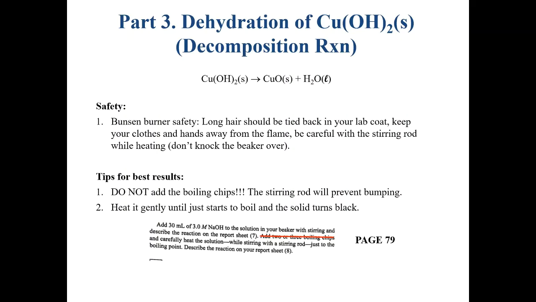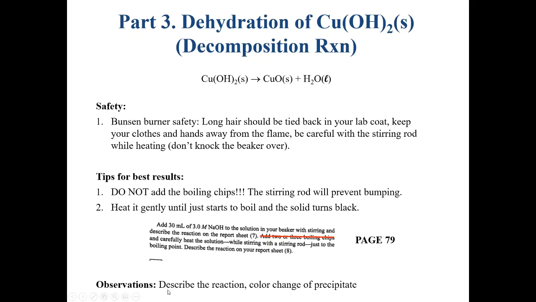So this is one example of where somebody could make a mistake and lose some copper. If you're heating this and it begins to boil, and some of the solid jumps out of the beaker, that's a place where you would lose some copper and get a lower than expected % yield. So these are some places where throughout the whole experiment, these would be places where you would want to think about where you might lose some copper.